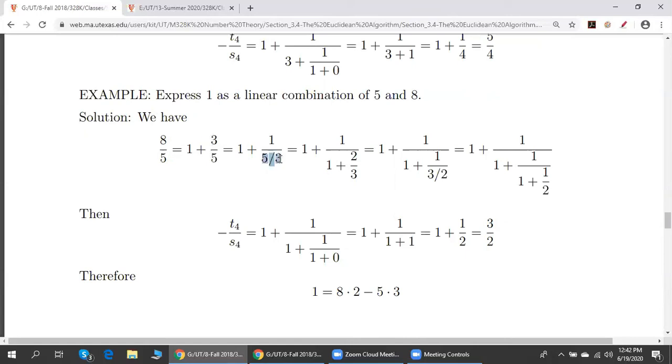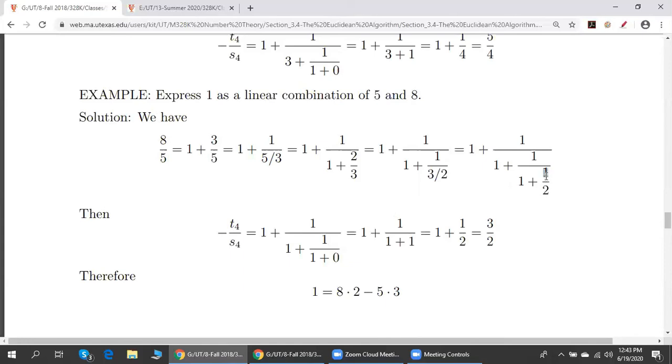We flip. We rewrite 5 over 3 as 1 plus 2/3. We flip. And then 3 over 2 is 1 plus 1/2. Since we got 1 here, we stop.